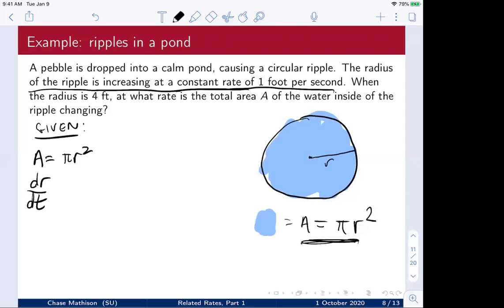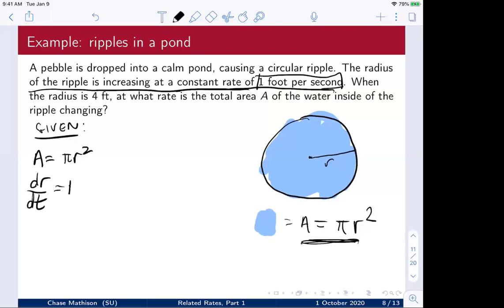That's dr/dt. If you ever write down dr/dt, you can say word for word, that means the rate of change of r with respect to t. And t is time for us. And we know that the rate of change of r with respect to t is just the constant 1 foot per second. If you want to write the units, I'm just going to write it as 1.